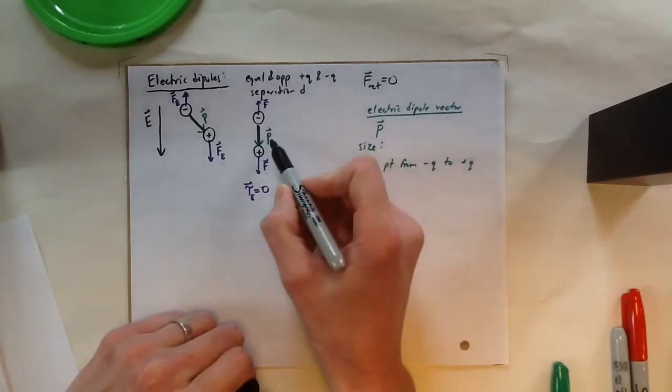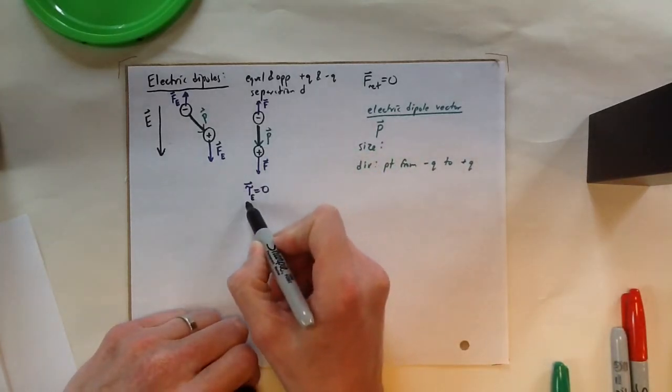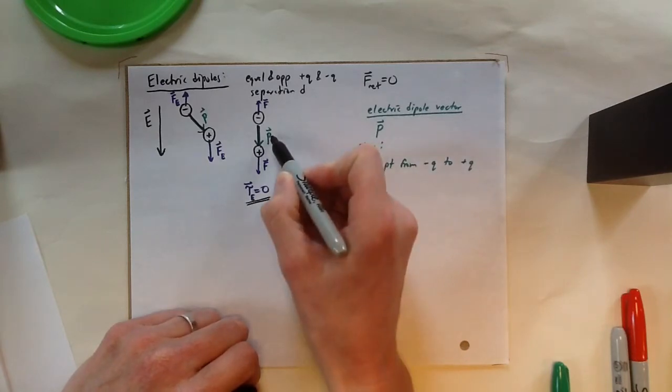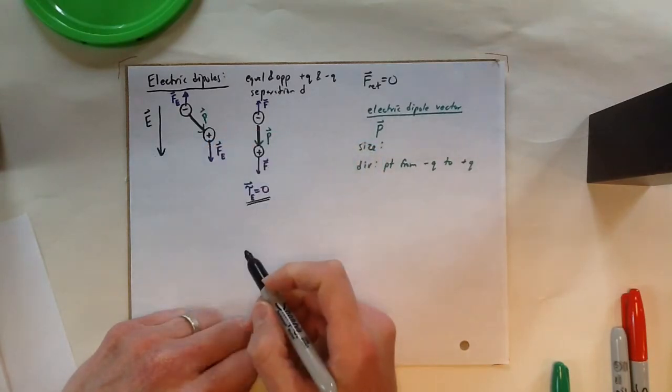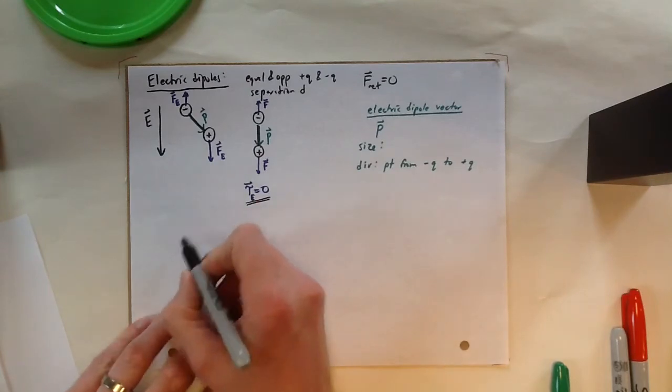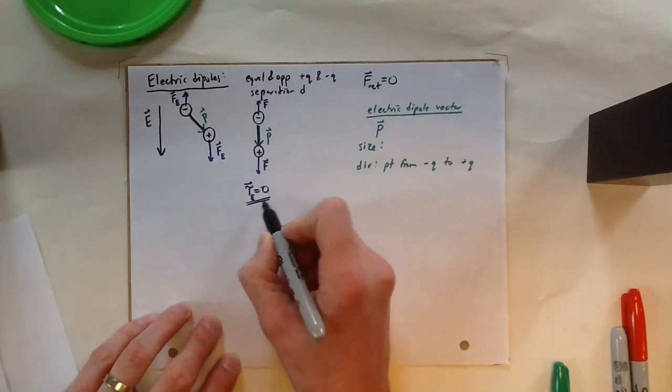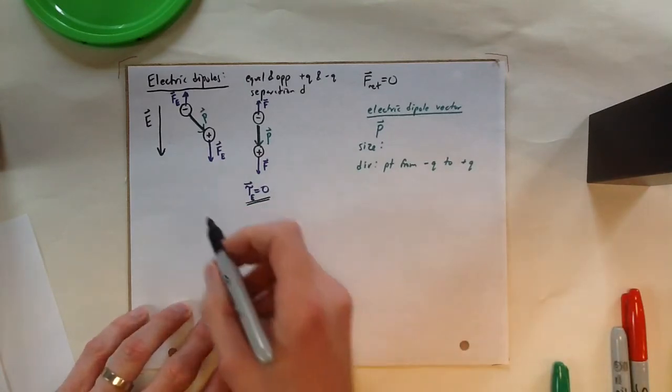Now, why would you define it that way? Well, if you're looking at this, the net torque is 0 when the dipole aligns with the field. It's exactly the same deal, right? We want to set it up so that it's exactly analogous to everything we've already talked about.